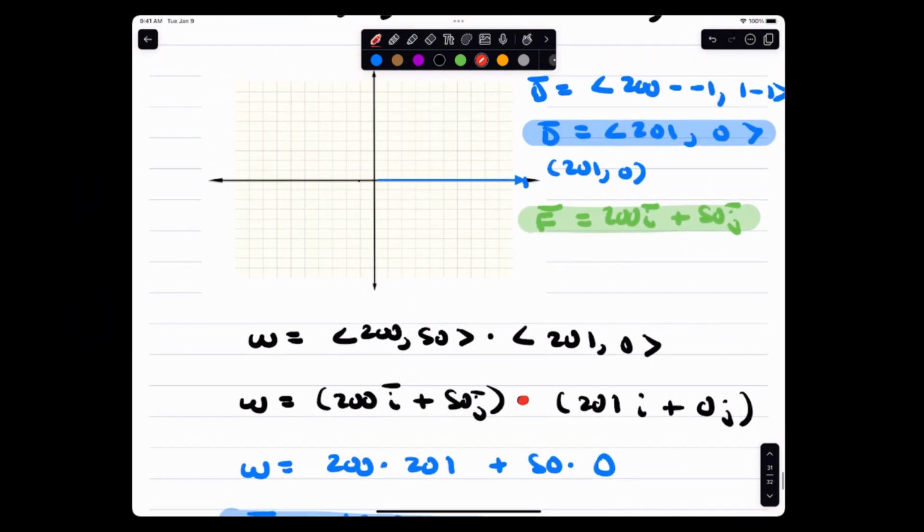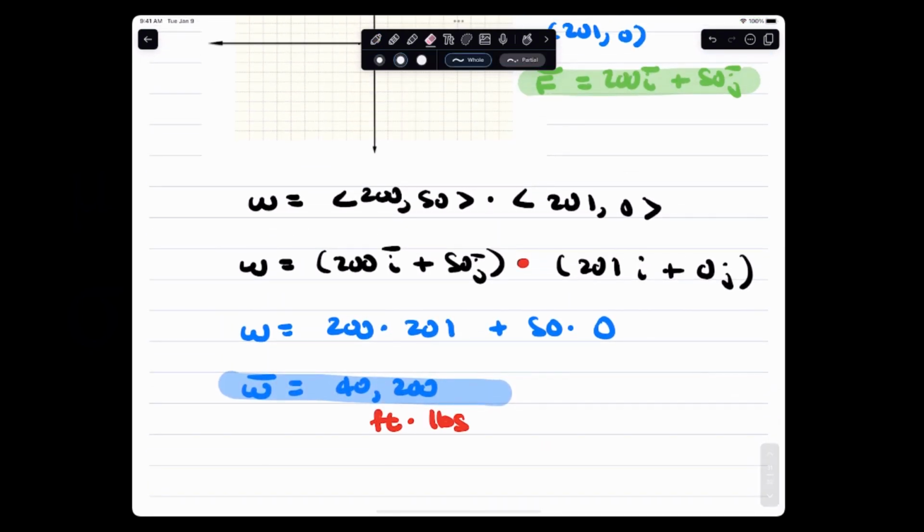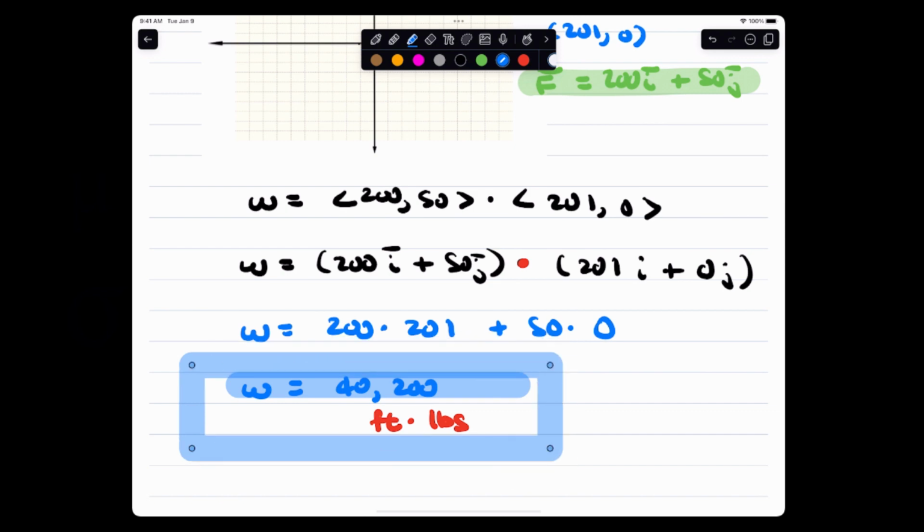Okay, so if that distance is in feet and the force is in pounds, you get foot-pounds, and that's not a vector, that's a scalar. So this is an application, ladies and gentlemen, of work.